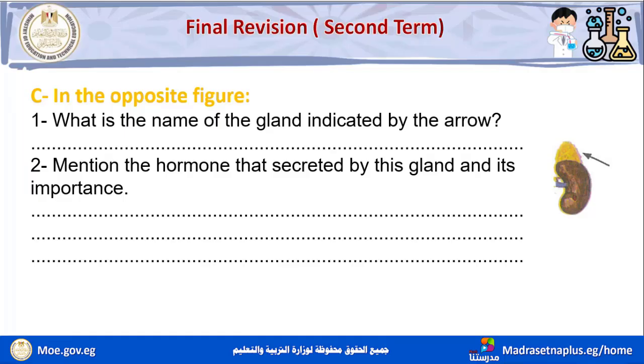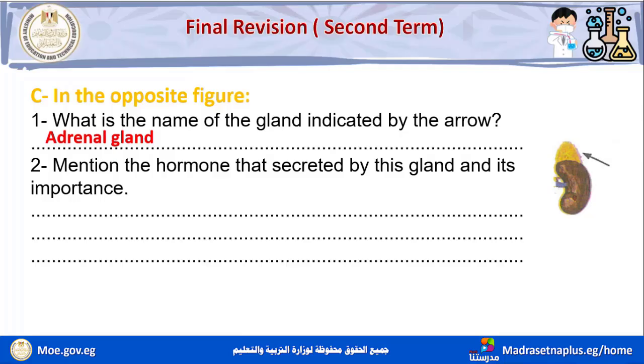Letter C, in the opposite figure, number 1, what is the name of the gland indicated by the arrow? Adrenal gland.